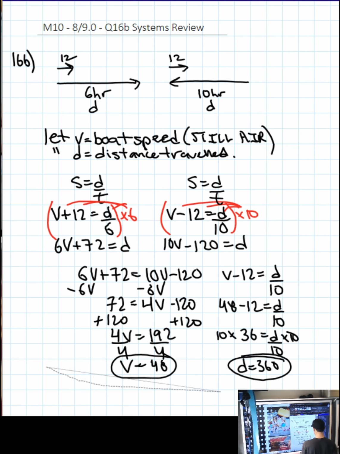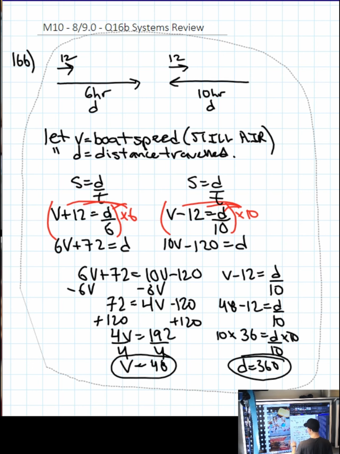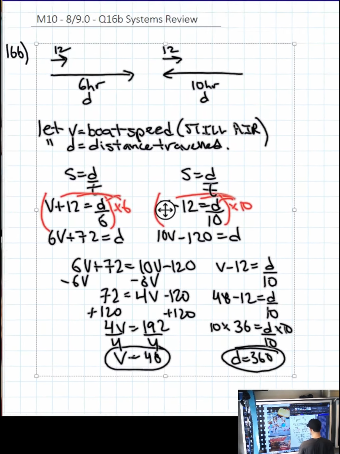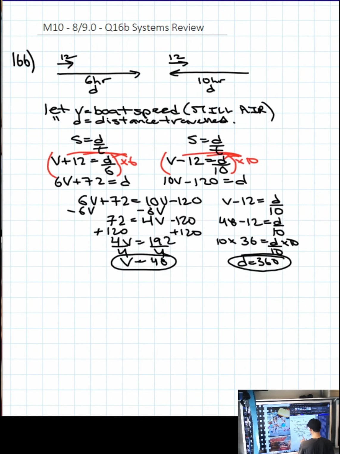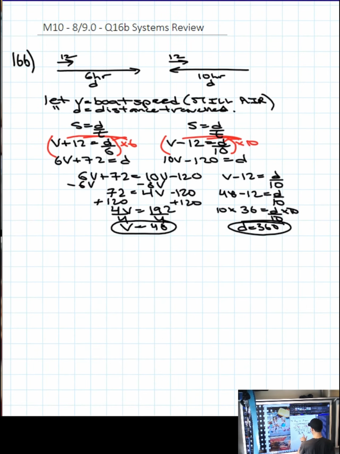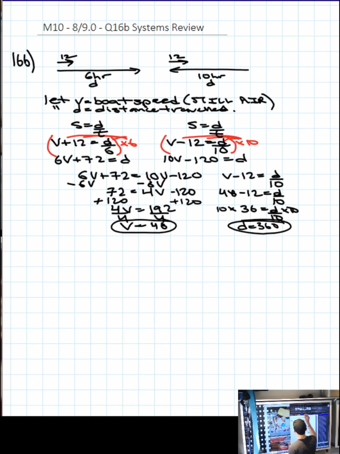Okay, we forgot to check our answer. Let me shrink up my work a tiny bit. And then let's take the equation. So speed equals distance over time. So if our speed is v plus 12 and our velocity that we just figured out is 48 from above, 48 plus 12 will be 60.